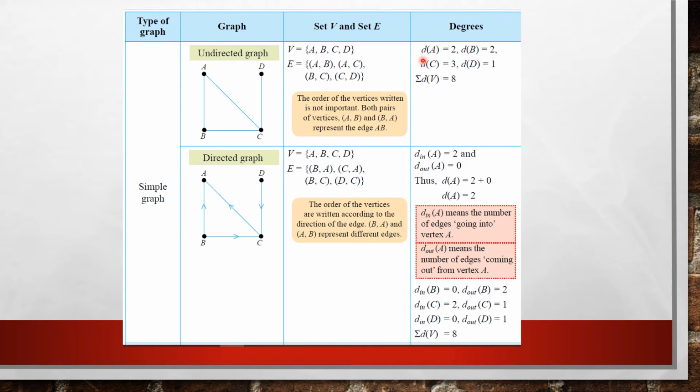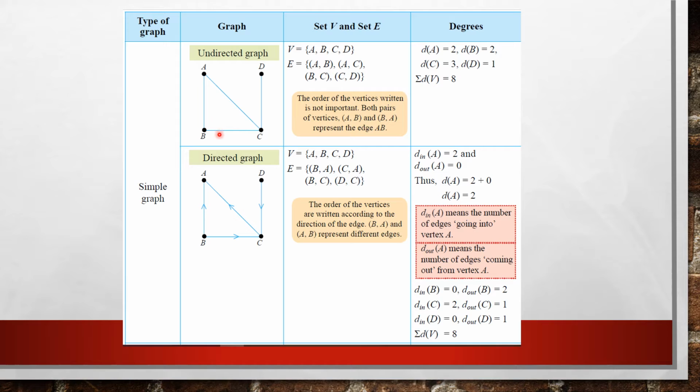How do we calculate the degree of A? That means there are 2 lines coming out from A, connecting vertex A. So the degree of A is 2. Next, the degree of B. There are 2 lines connecting vertex B. So you can write the degree of B is 2.